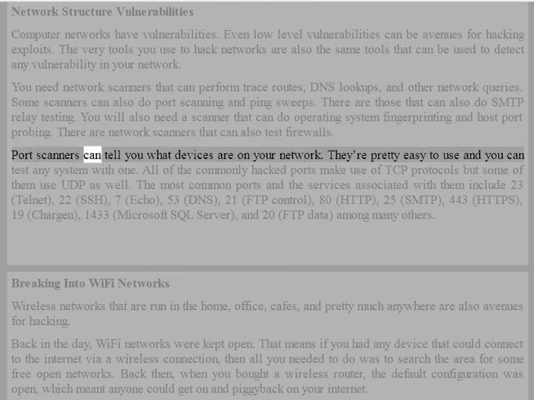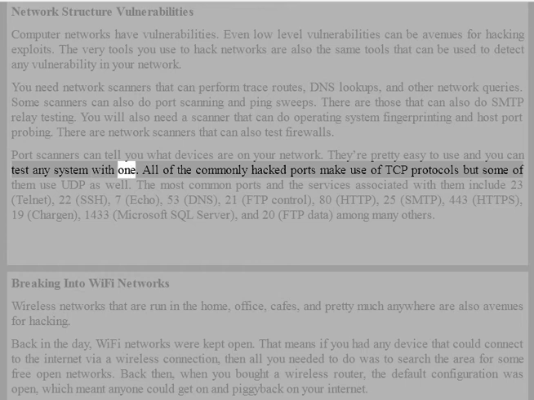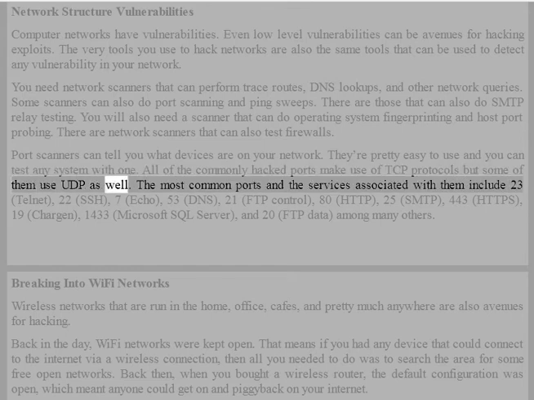Port scanners can tell you what devices are on your network. They are pretty easy to use and you can test any system with one. All of the commonly hacked ports make use of TCP protocols, but some of them use UDP as well.